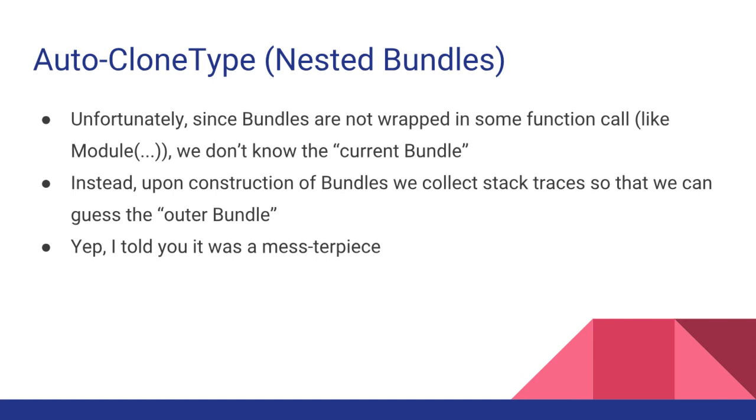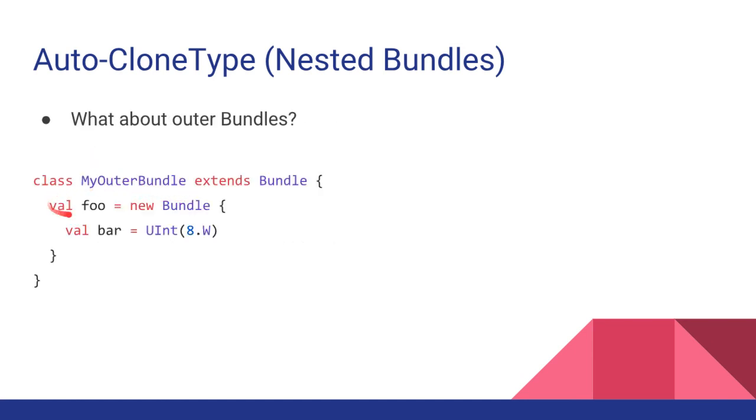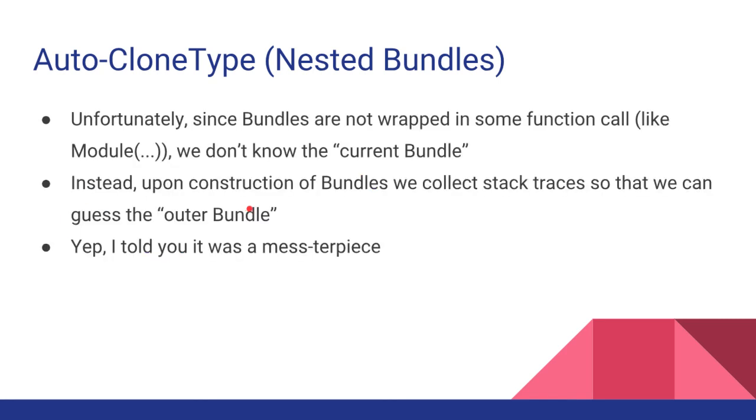So going back a slide, when you construct this outer bundle, it creates a stack trace. When you construct this inner bundle, it creates a stack trace and then relates it to the other stack trace and can see that this construction is occurring inside of this other function invocation. And yeah, it's pretty messy, but it works.